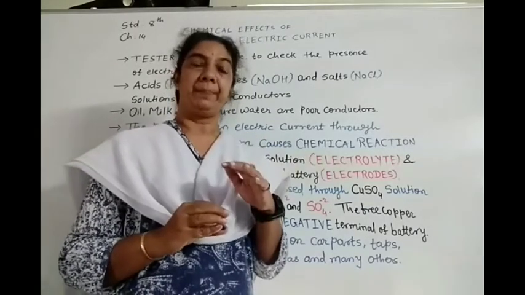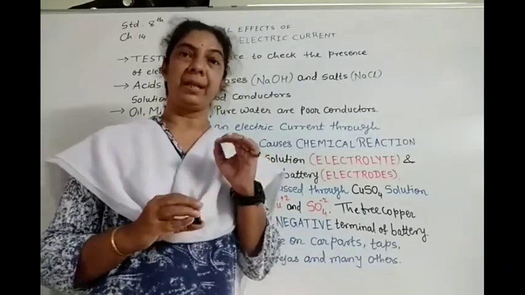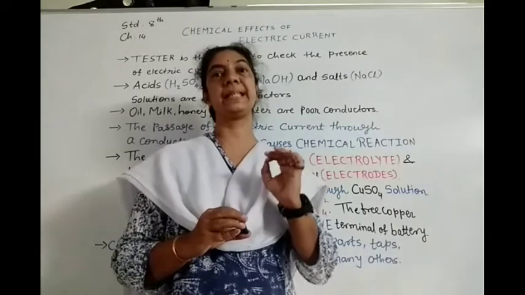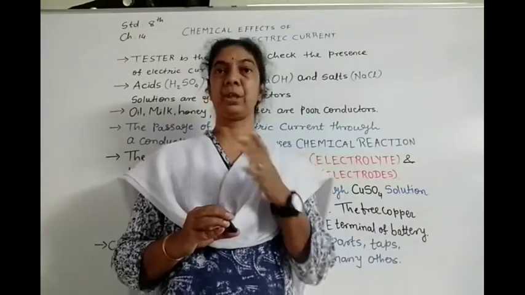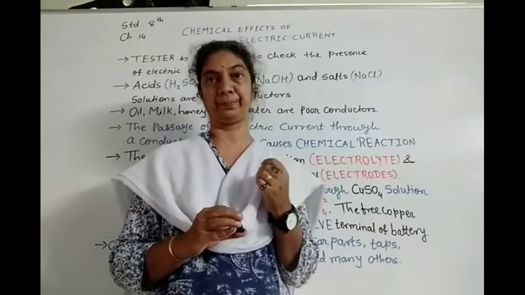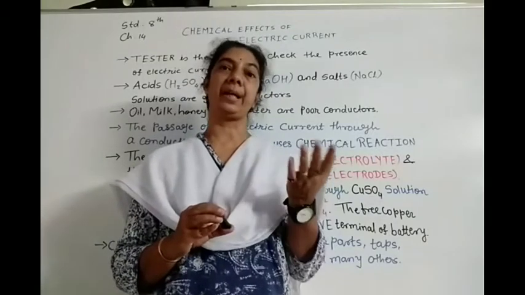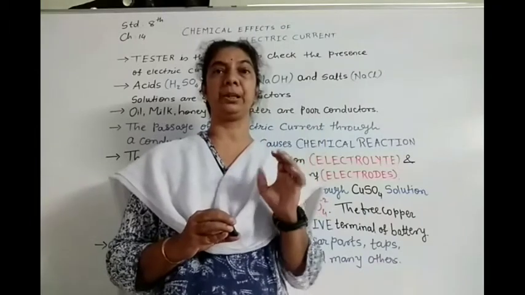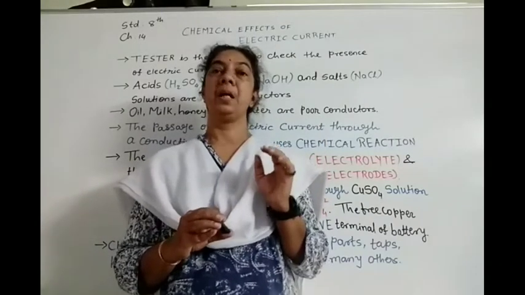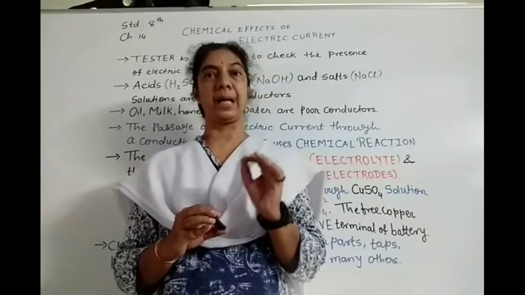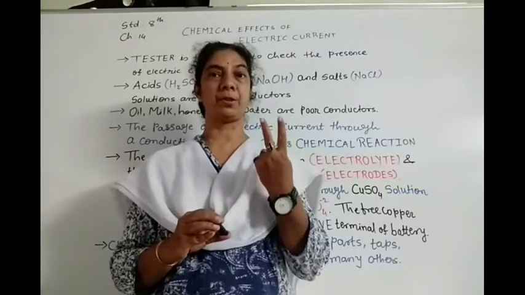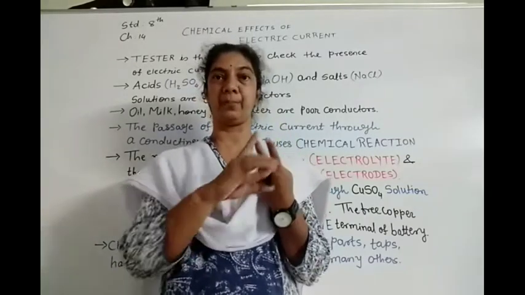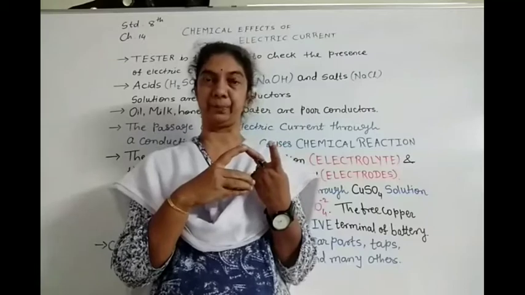Once again I am repeating, if we have any compound, say NaCl or CuSO4, or sodium nitrate, these are a few examples of compounds. These compounds have two types of ions. They are positive and negative.